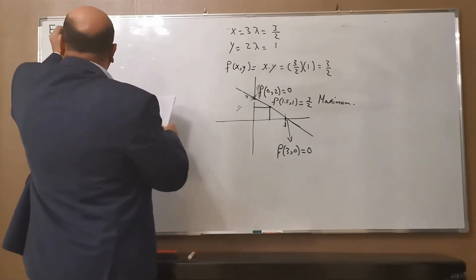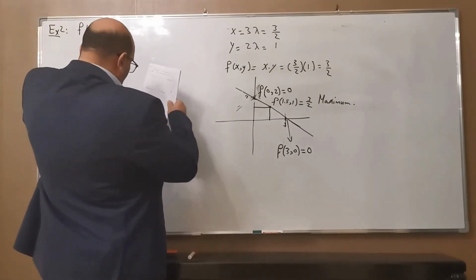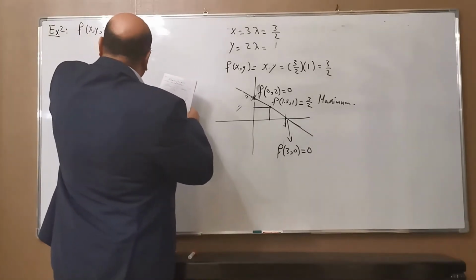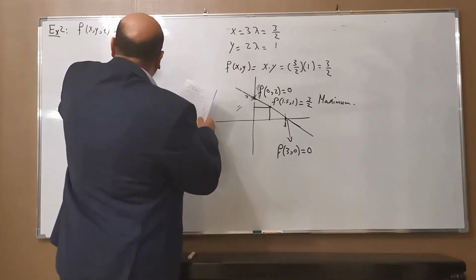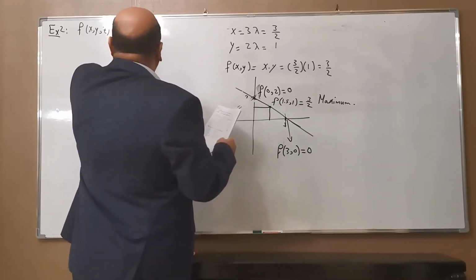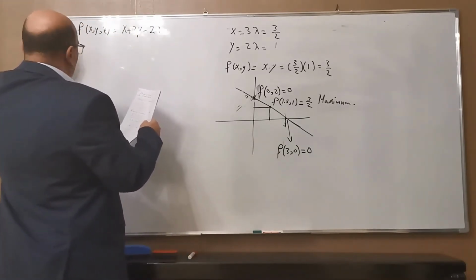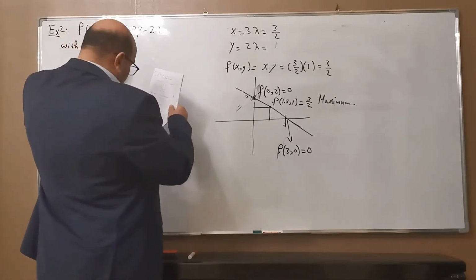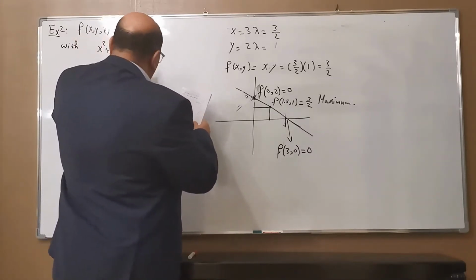Example 2. f of x, y, and z equals x plus 2y minus 2z, with x squared plus 2y squared plus 4z squared equals 1.